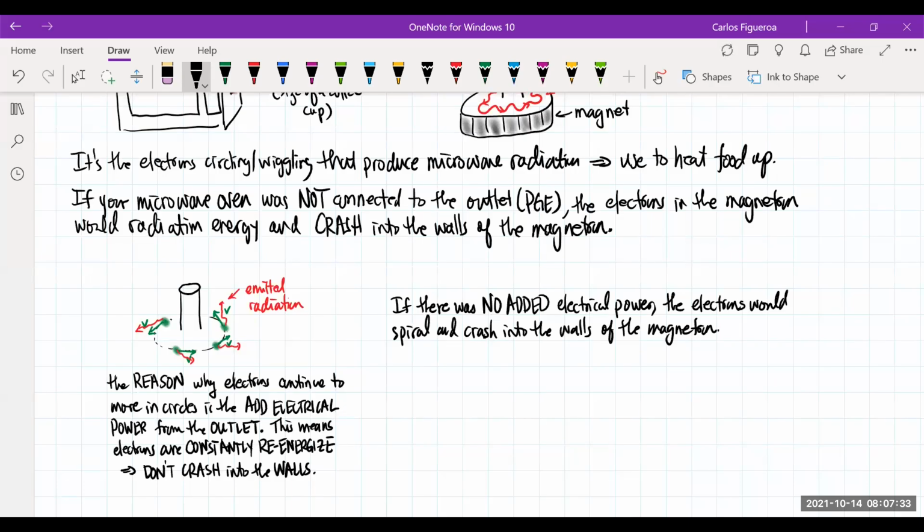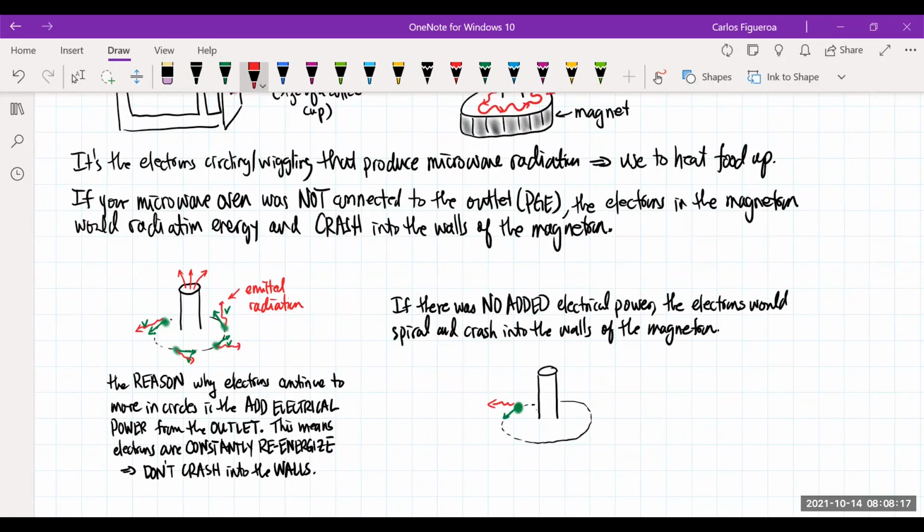So picture-wise, we could see the following thing here. There's the spout that's emitting microwave radiation, and here's the radiation entering the microwave. But now let's look at the path of this thing. The electrons are moving in a circle here. As they're moving in the circle, the first thing they do is emit radiation.